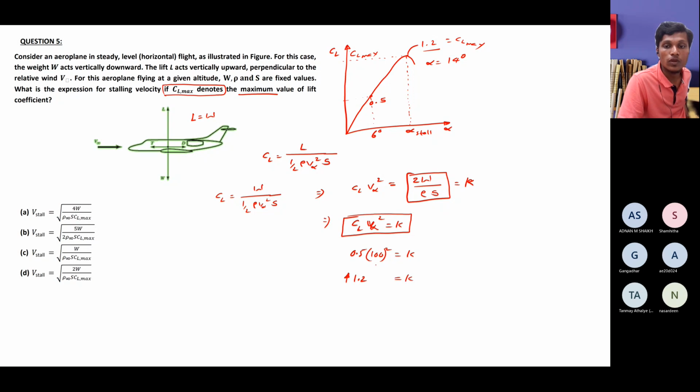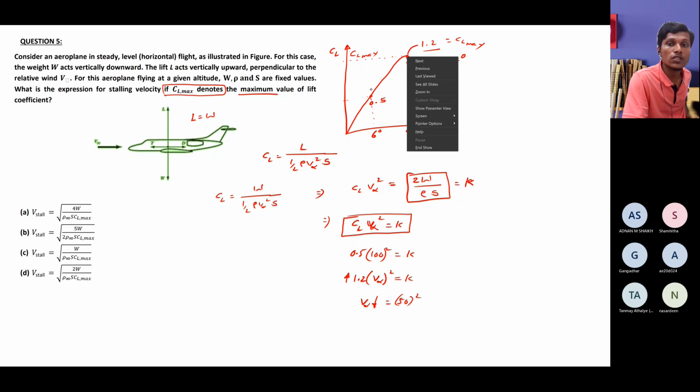To make this product of V infinity square and CL max constant, the V infinity should decrease to, say, 50. It's not a correct proportion, but just for your example, I'm saying 50 squared, something like that. To maintain this value as a constant, your velocity should decrease, but you cannot go to any further CL because it is already reaching the stall velocity.